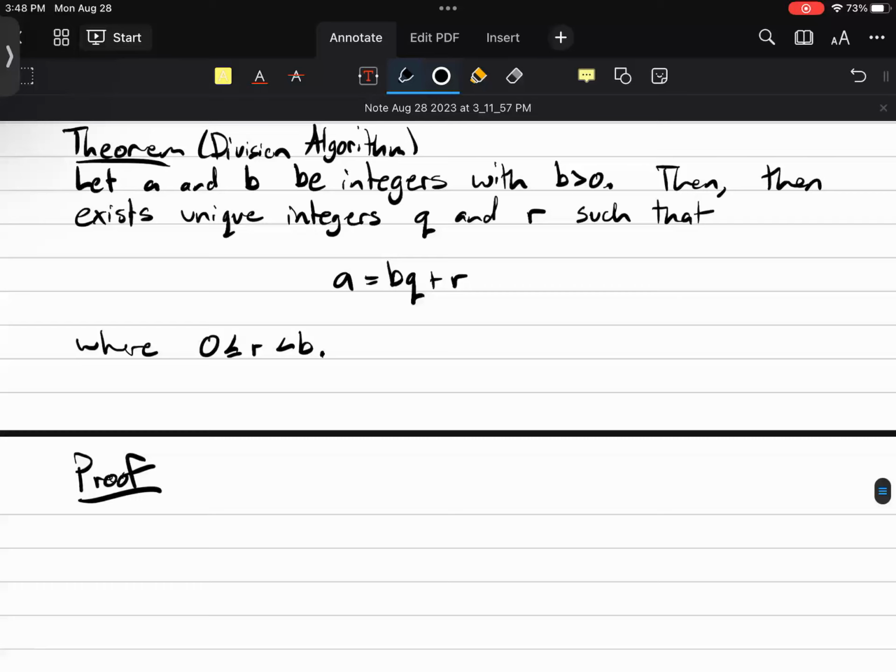But when you break down the proof, we have two parts that we actually have to do. Anyone know what the two parts are? This is at the conceptual level. With the division algorithm?